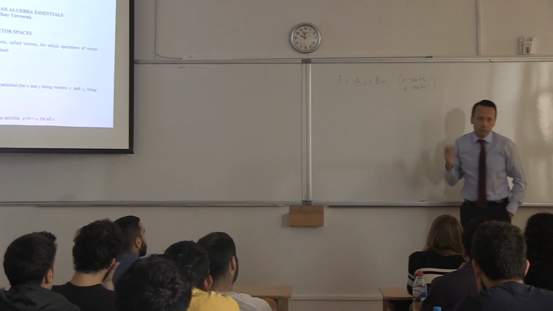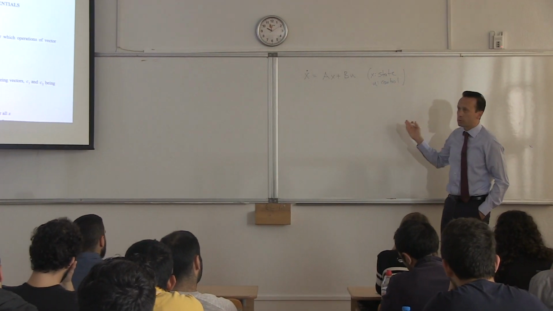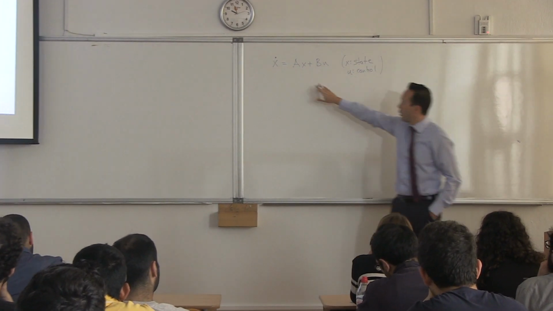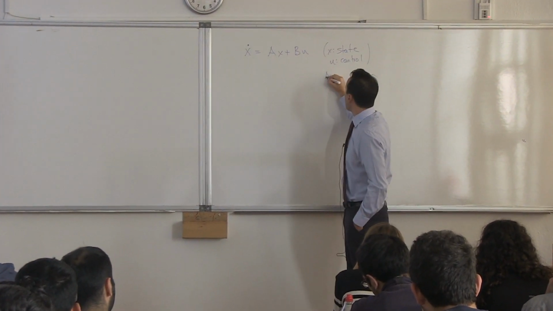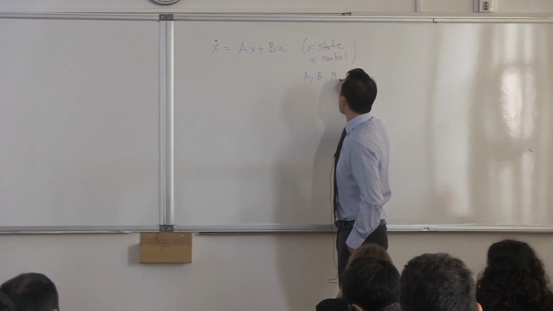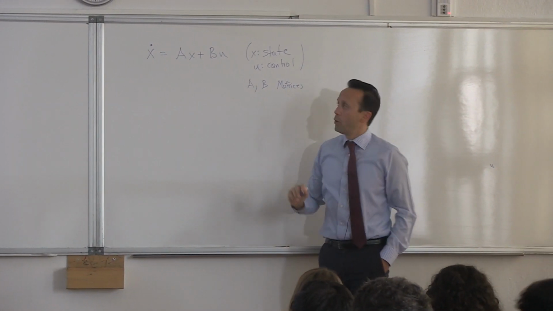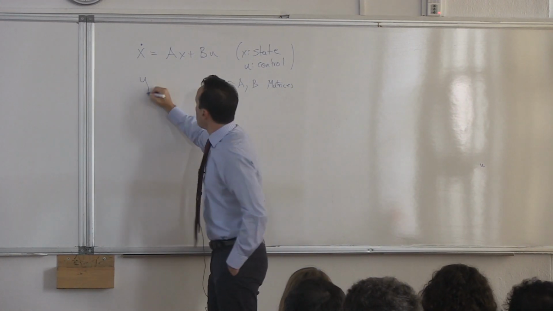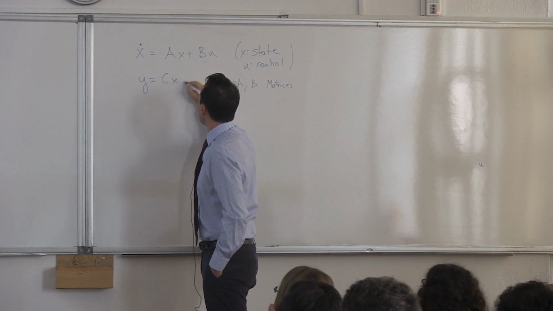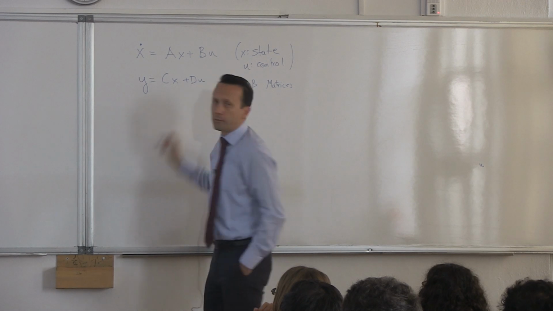So that's what we're looking at. x is the state, u is the control, so this is a dynamic system. It's obviously a linear system. A and B are matrices. And the output here might be Cx plus Du.